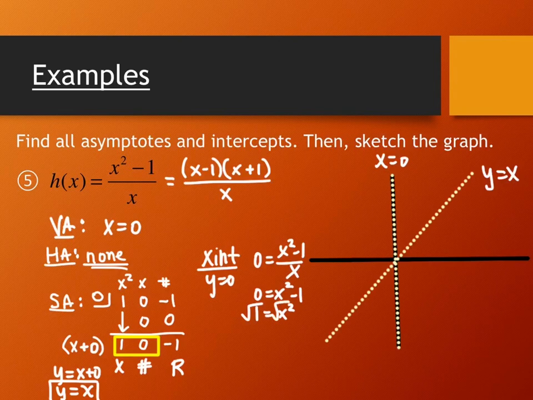It's another way of thinking about it. But when you take a square root, you put on a plus or minus. So this is x equals plus and minus 1. What does that mean? It means there are two x-intercepts: one at (1, 0), and one at (negative 1, 0). That can happen. They're right here and here.